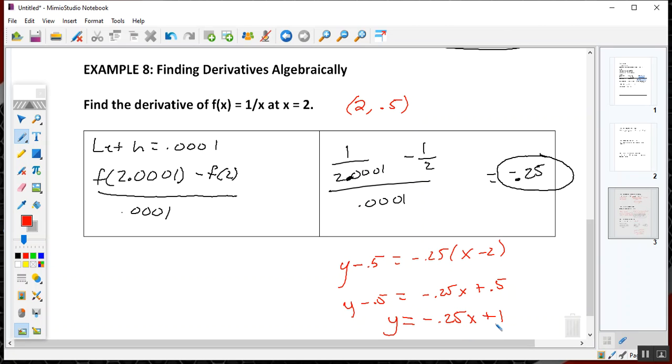We better confirm this. You know the derivative is what value again, kids? Negative 0.25. I could be done right there, but I want to take this further like we did with decimals and just confirm this. So we know that our function is 1 over what? And the a value we're concerned about is 2, but that point's only 2 comma 0.5 when I insert this. Remember my equation for my line of tangency.